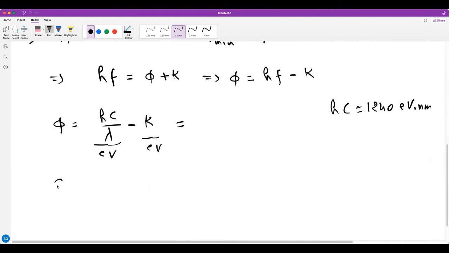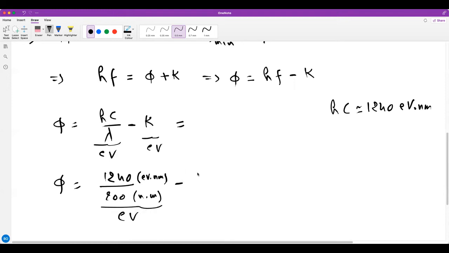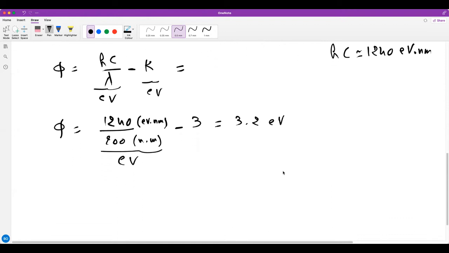So phi will be 1240 electron volt nanometers divided by 200, because this one must be in nanometers, which will give us an electron volt unit, minus 3 electron volts, because the kinetic energy is 3 electron volts. This will give us 3.2 electron volts, the work function.